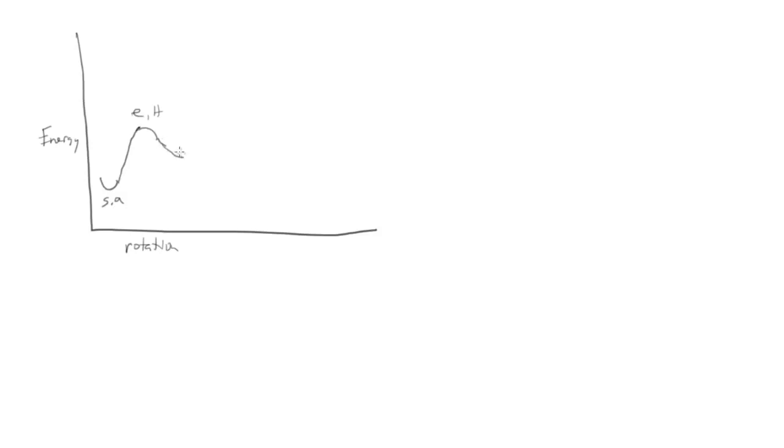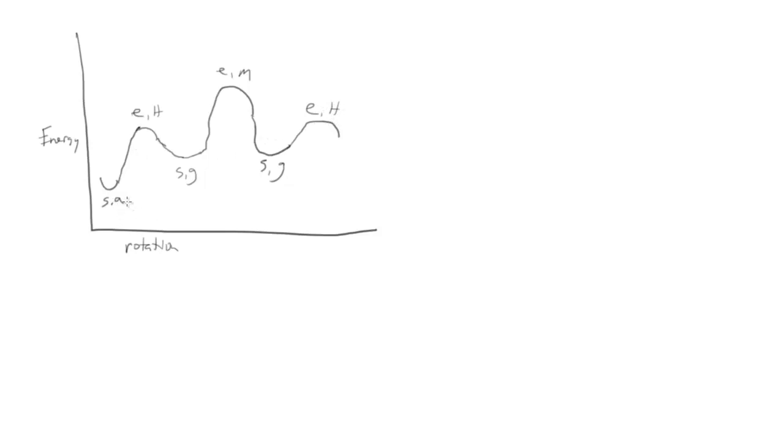Goes down here to another staggered, but it's the staggered gauche now. Goes up here to an eclipsed, which is the methyl-methyl eclipsed. Comes back here to another staggered gauche, and then goes back up here to another eclipsed, where it's methyl hydrogen eclipsed.